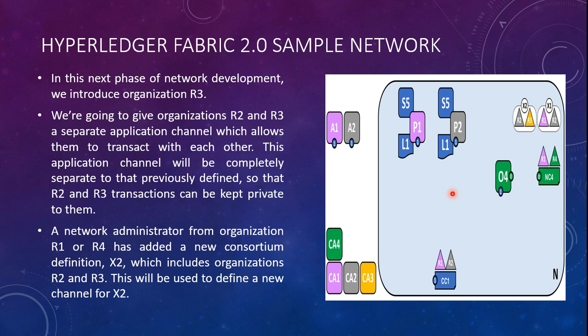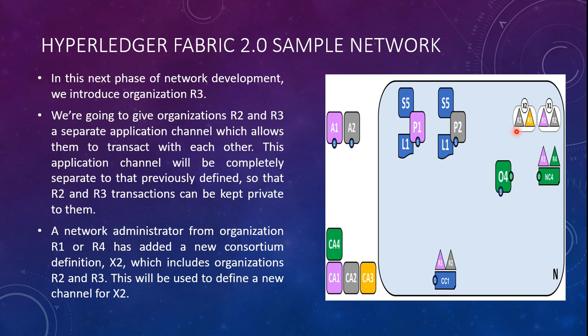So a network administrator from organization R1 or R4 has added a new consortium definition X2, which includes organization R2 and R3. This will be used to define a new channel for X2. R1 and R2 already have a consortium X1, and R2 now needs to transact with another organization R3 without disclosing anything to organization R1.